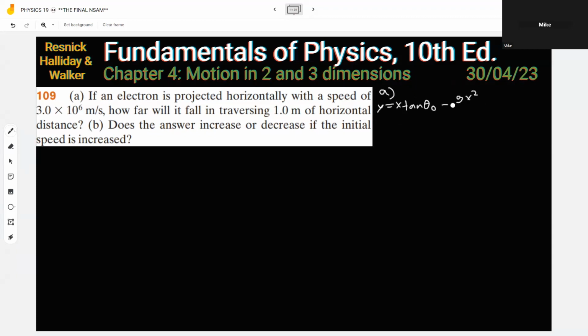Teka, pwedeng instead of using yung position versus yung y versus x, kaya bang hanapin, kasi ganito, kabisado mo ba yung y versus x equation for uniformly accelerated motion? Hello?